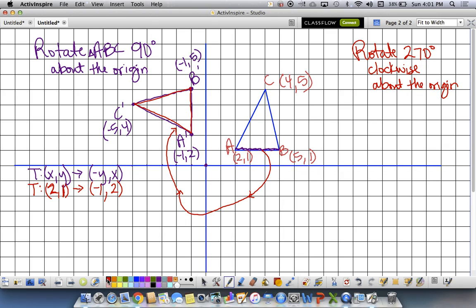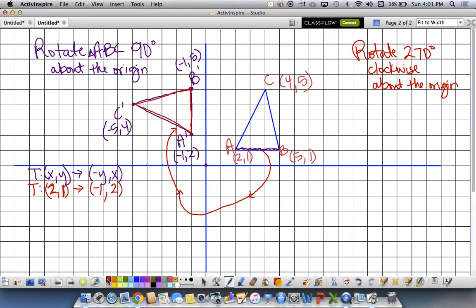Okay, so see that visual. If somebody says clockwise, well, I don't have a formula for clockwise. Figure out what it is counterclockwise. Does that make sense? Rotate 270, figure out which quadrant you're going to be. Oh, that would be just 90 degrees counterclockwise.